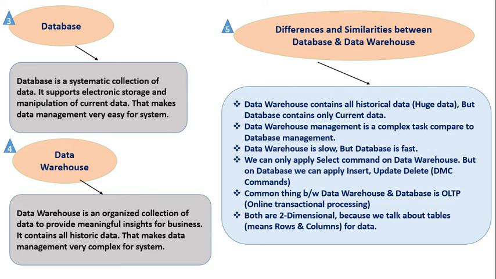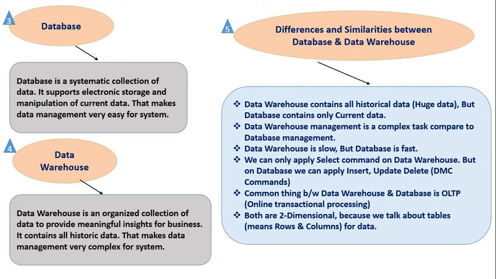We can only apply the select command on a data warehouse because it has very huge data, so definitely we cannot go for the DML commands, right? But on the database we can apply insert, update and delete commands, because it contains only the current data. It is not a very huge one. That's why we can do that. It will not degrade the performance by using these DML commands.